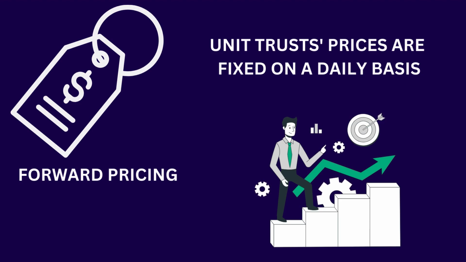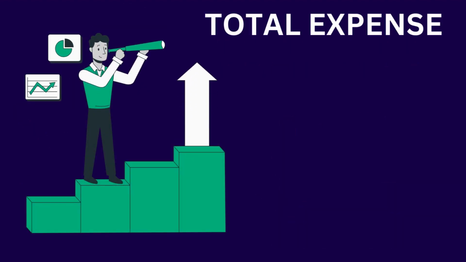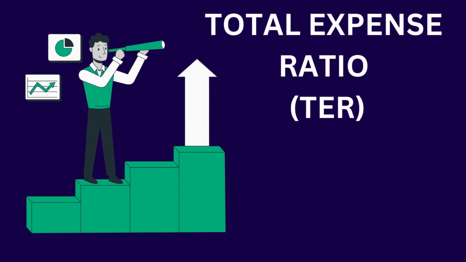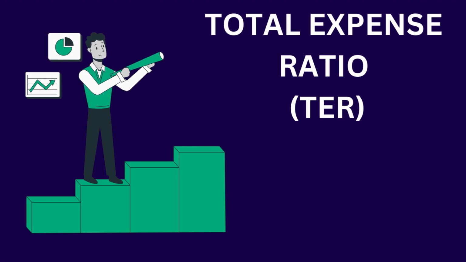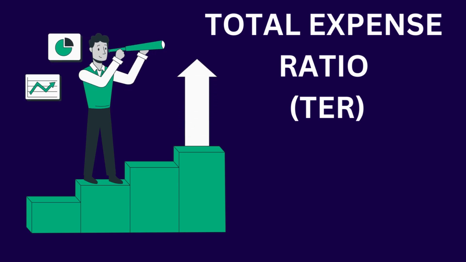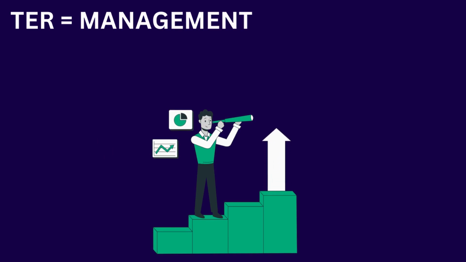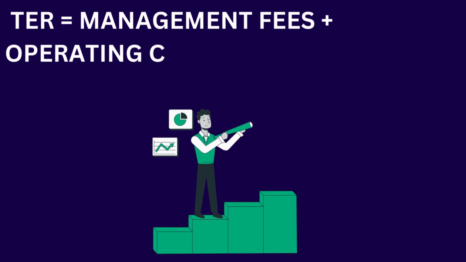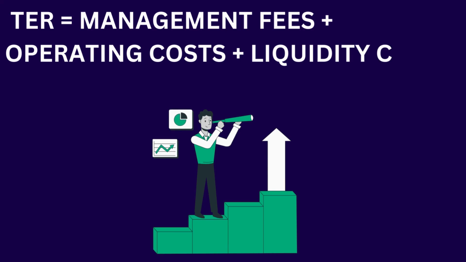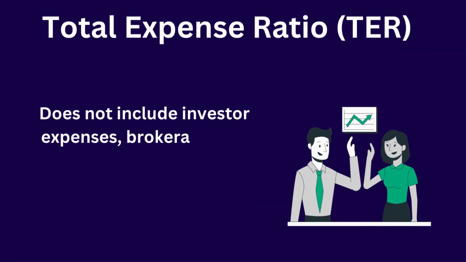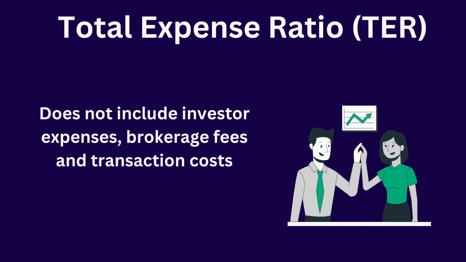When choosing a unit trust, it is important to consider the total expense ratio, which is a measure of the percentage of the fund's assets that are used to pay for the management of the fund. The TER includes management fees, operating costs, and liquidity costs, but does not include investor expenses or brokerage and transaction costs.